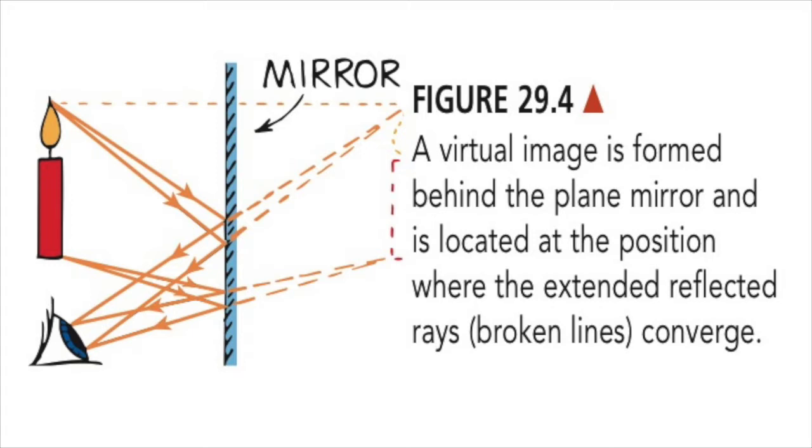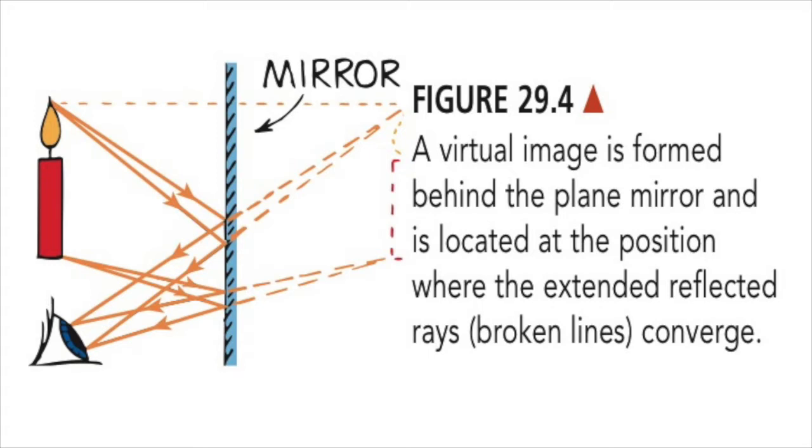Note that the rays diverge, spread apart from the tip of the flame, and continue diverging from the mirror upon reflection. These divergent rays appear to originate from the point located behind the mirror.